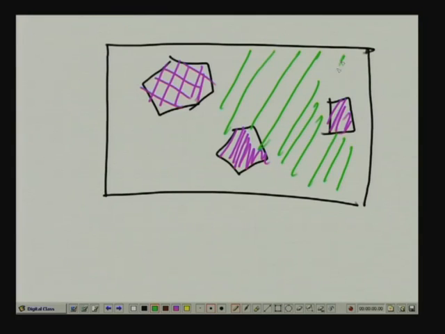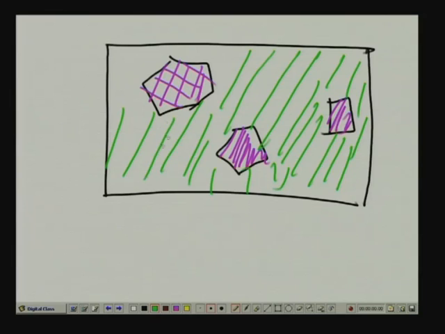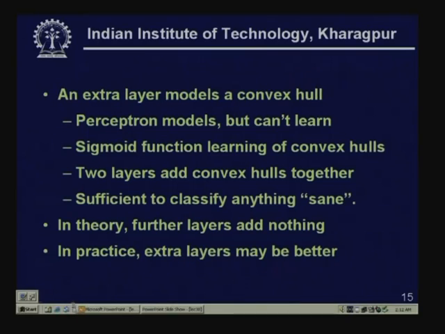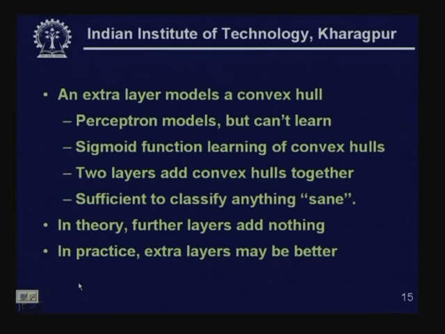Such a decision surface can be learned by a neural network having two hidden units. In the first hidden unit, we can learn the individual convex hulls. In the second unit, we can combine them.